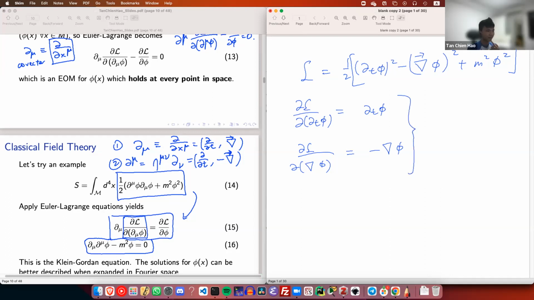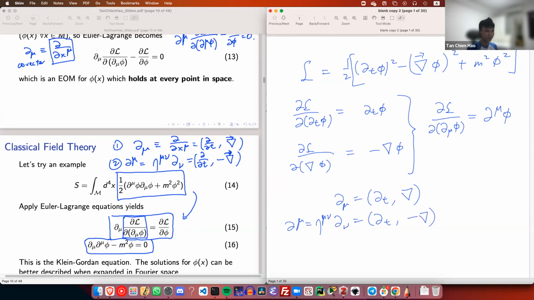And what can I actually deduce from this? I can write it in a more compact form: the lower index is actually just this. Remember, the lower index had derivatives with respect to t and then nabla, and the upper one was defined by the contraction with the Minkowski metric of this.